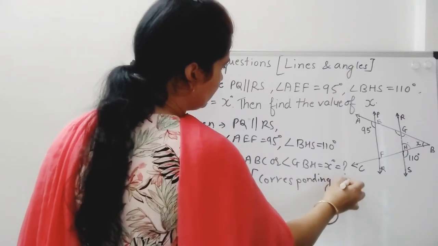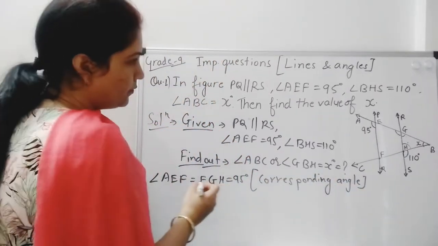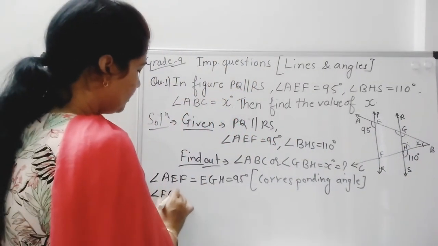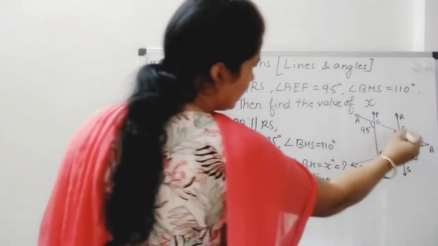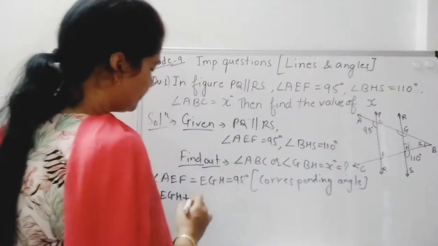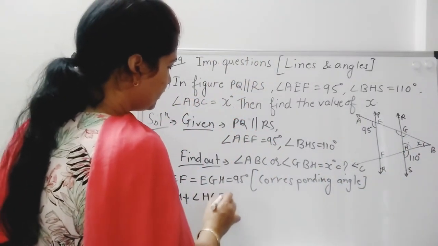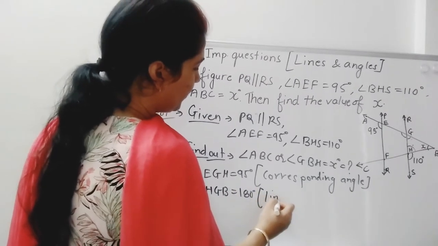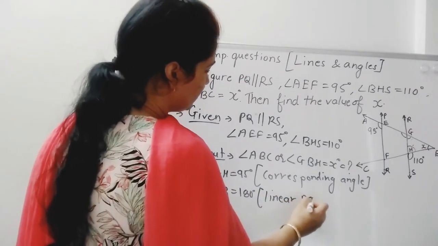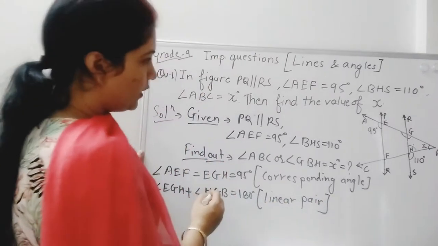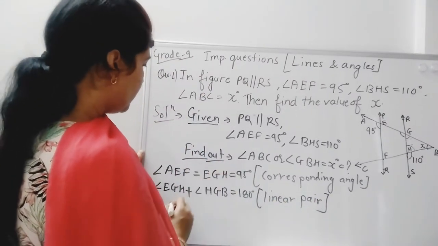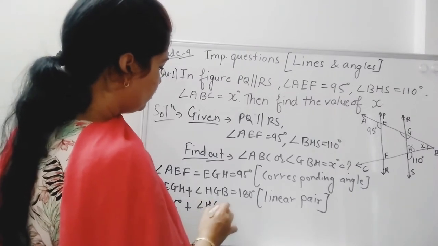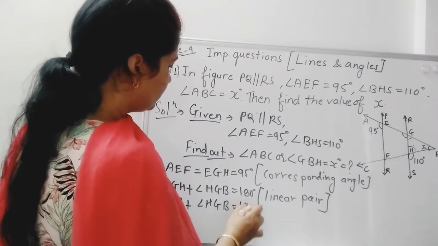Now we can say angle EGH plus angle HGB is equal to 180 degrees. Why? Because they are a linear pair. So we can find the value of HGB. EGH is 95 degrees, plus HGB, equals 180.